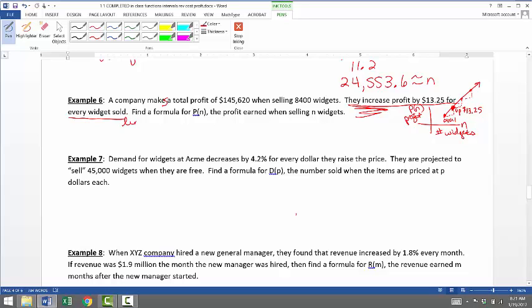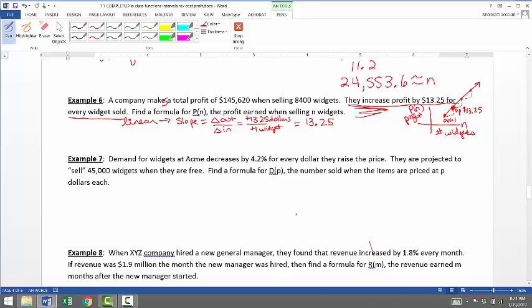And specifically, that sentence is describing the slope. Remember, slope is change in output divided by change in input. So the change in the input is over one widget. The change in output is up $13.25. $13.25 per widget.